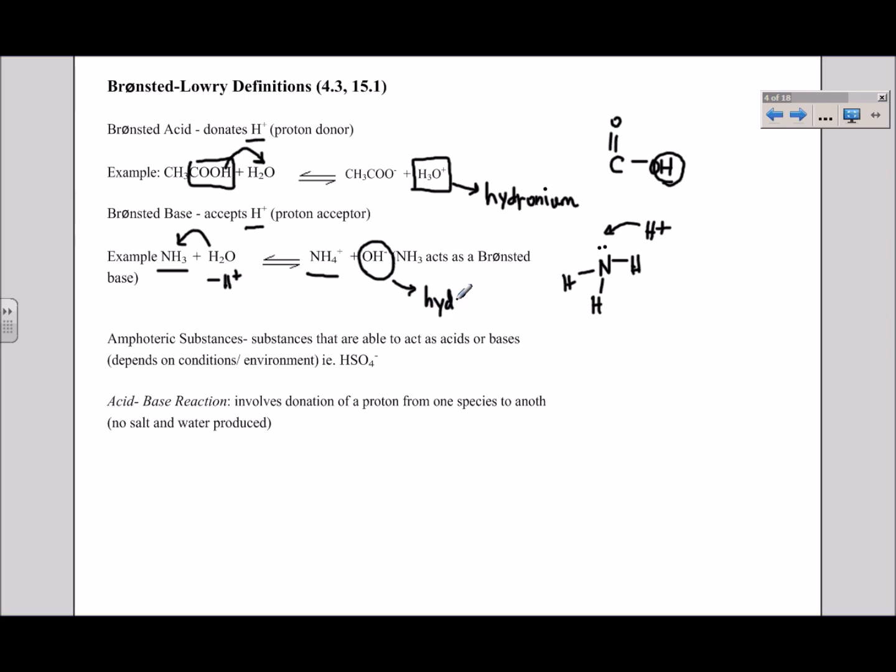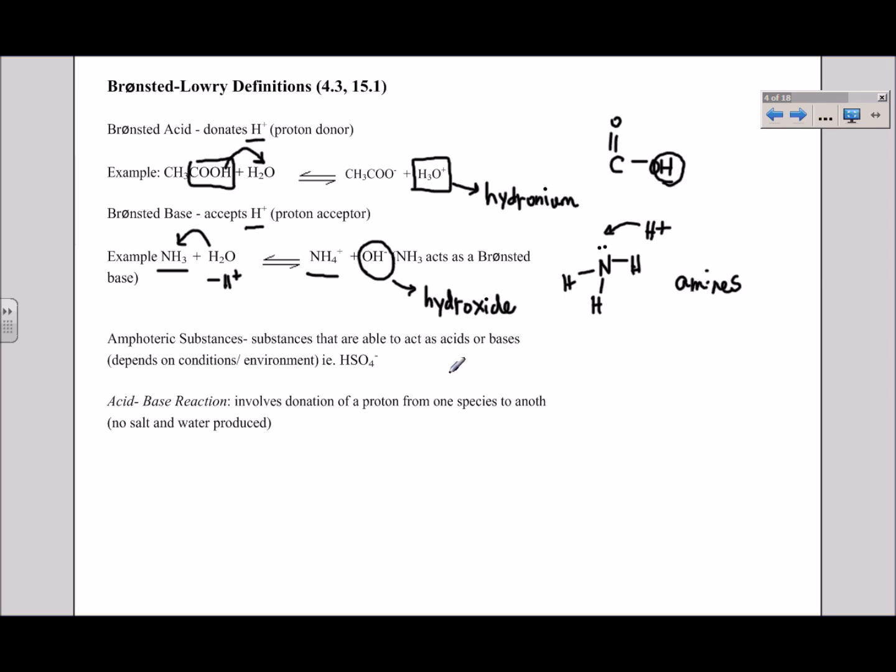And it's the hydroxide ions that are responsible for the properties of bases, and therefore ammonia, although it didn't look like it at first glance, actually is a base. Typical Bronsted bases are derivatives of ammonia. And so the amines that we learned about in our organic unit are the ones that will tend to be organic bases.